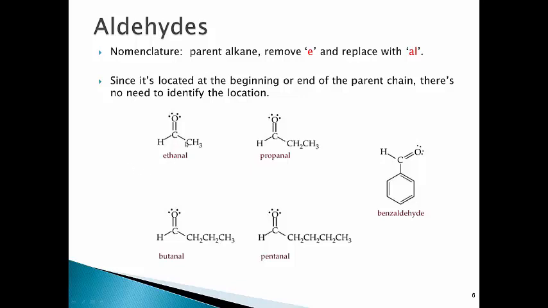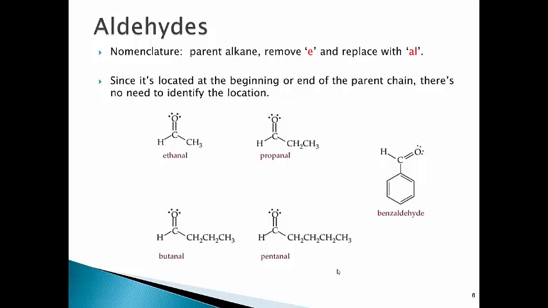So our simplest one is an alkane with an aldehyde, which would be ethanal. Then we've got propanal, if we go up an extra carbon. We've got butanal, introducing another one, and then we have pentanal when we have a 1, 2, 3, 4, 5 carbon aldehyde.